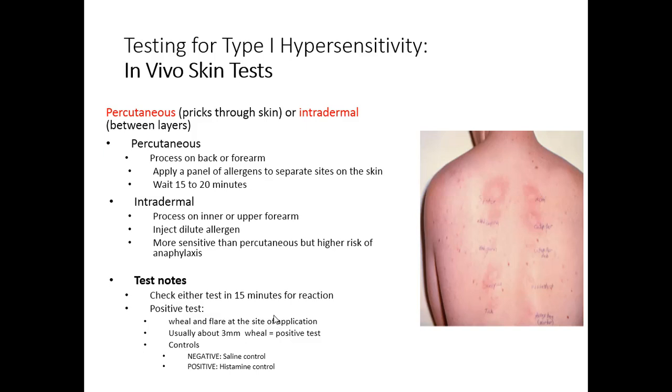The percutaneous testing is performed on the back or the forearm of the patient. This picture to your right is clearly on someone's back. They apply a panel of allergens to separate sites on the skin a couple of centimeters apart. They wait 15 or 20 minutes and they look for a reaction.